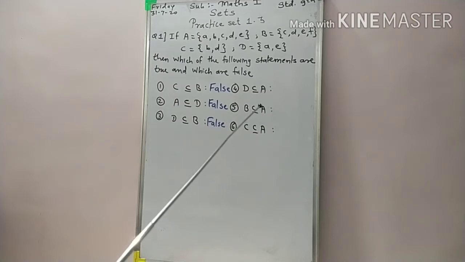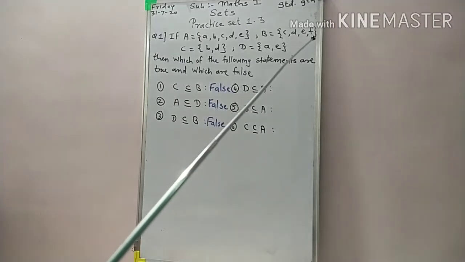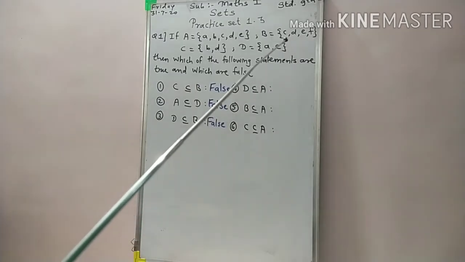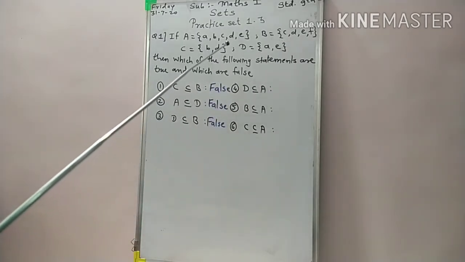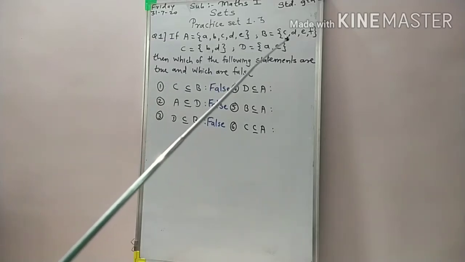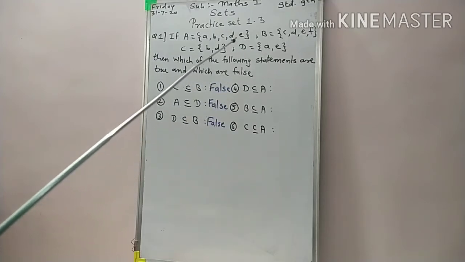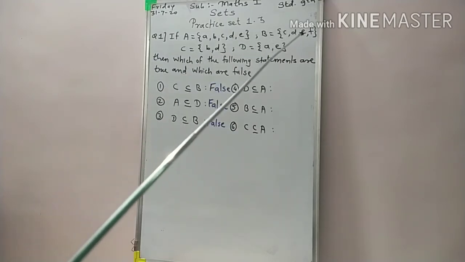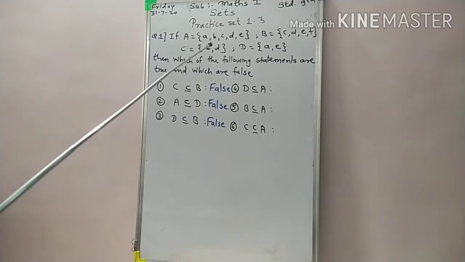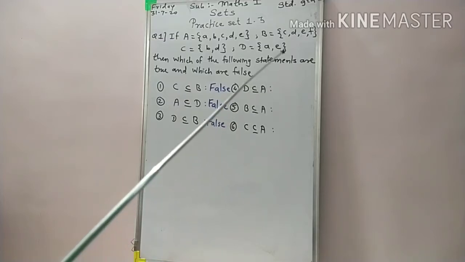B is a subset of A. B has 4 elements, C, D, E, F. Are all these 4 elements over here in A? No, because as you notice here, C, D and E, 3 elements are over here, but F is not in A. So B is a subset of A is a false statement.